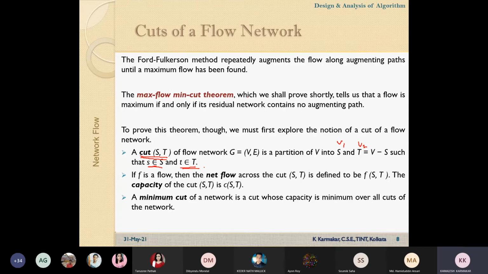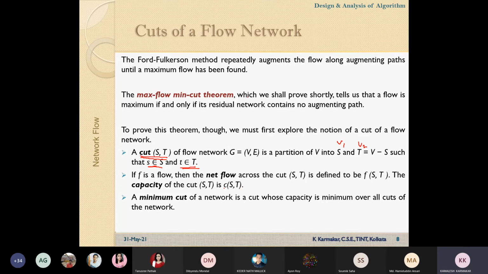Okay, if F is a flow, then the net flow across cut ST is defined as, this is the mathematical representation, the flow from S to T. The capacity of the cut ST is C(S,T).